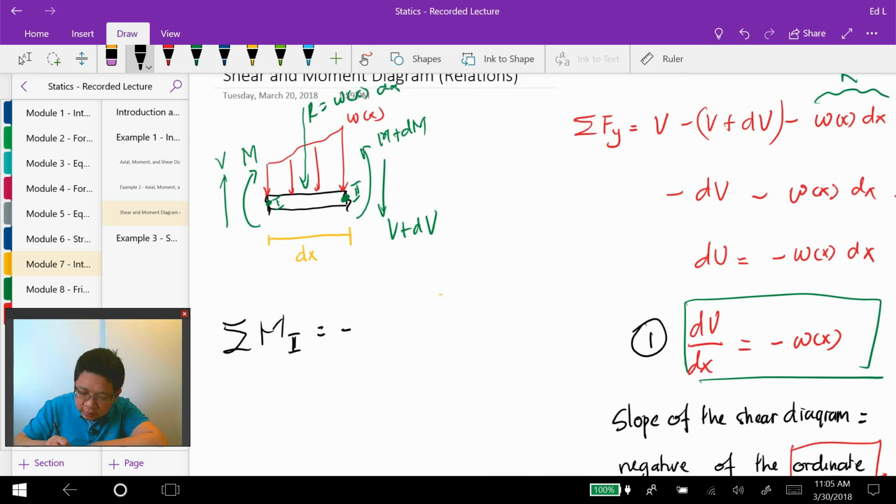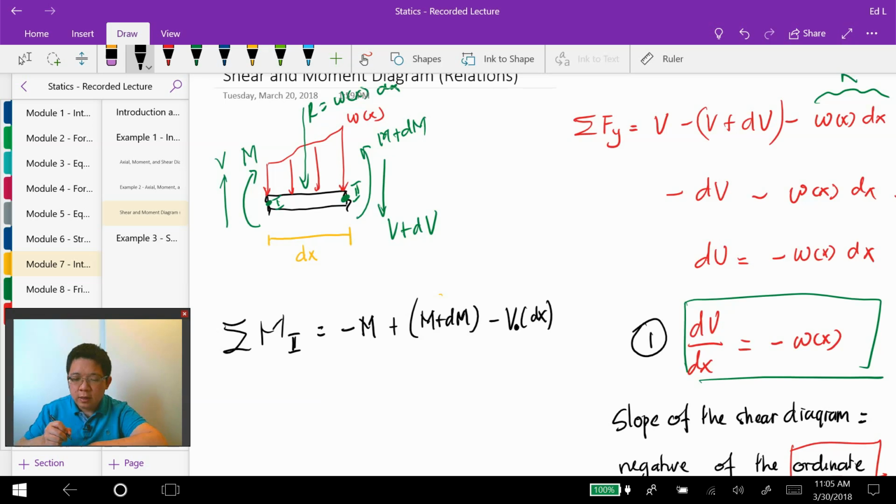We will have negative (M plus dM), and then negative V times dx, then plus R times dx over 2, which here we assume is dx over 2, and set this equal to 0.